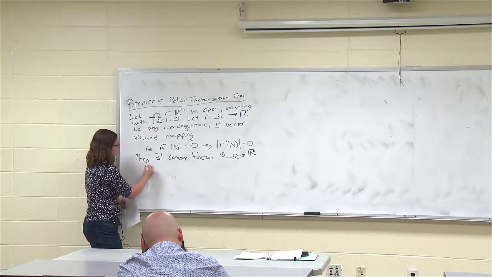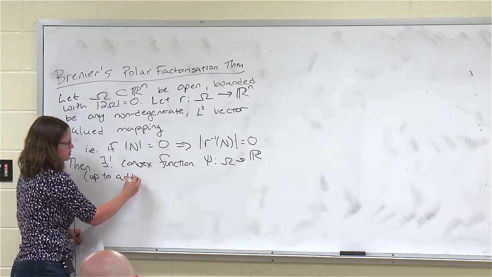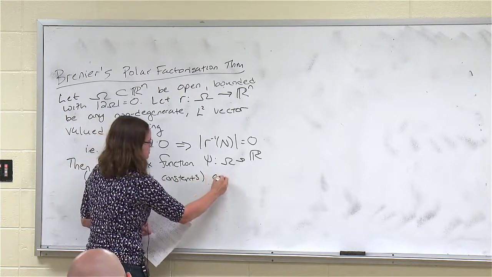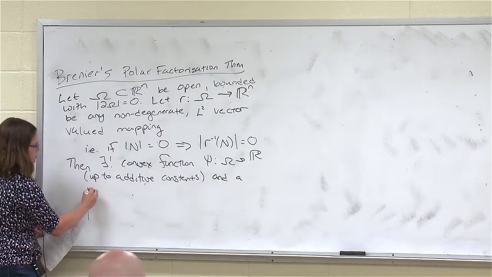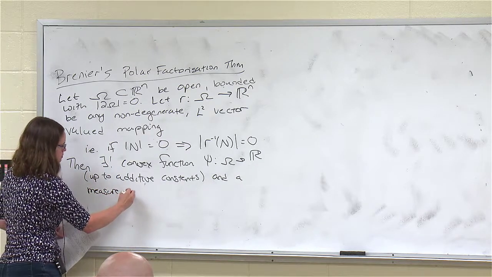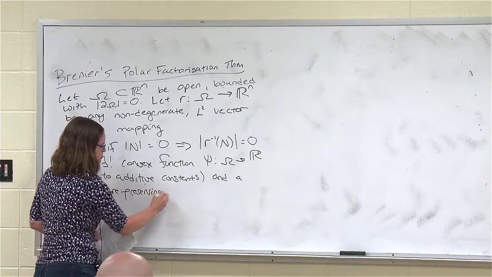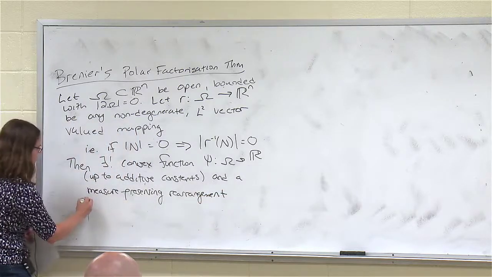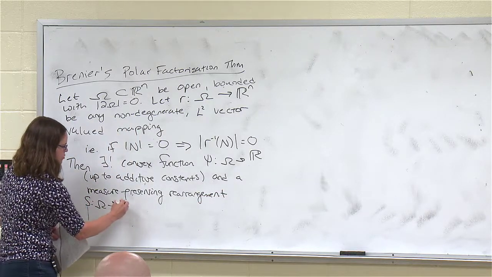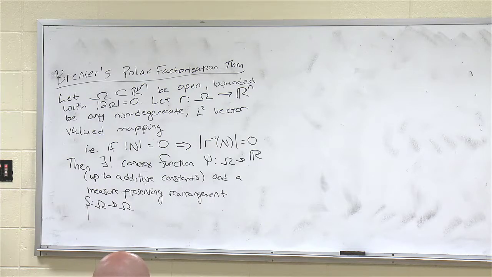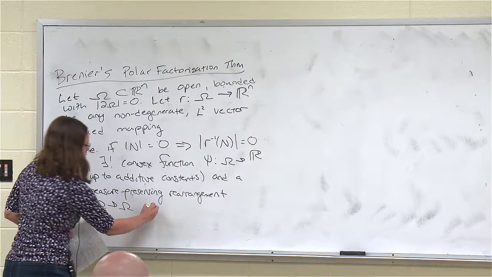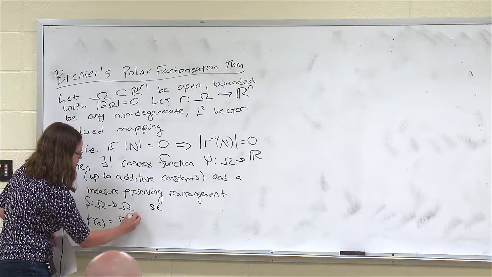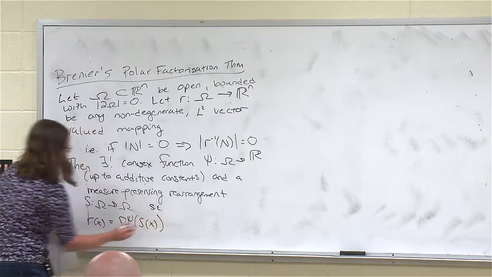Okay, and there's a measure-preserving rearrangement S. So S takes omega back into omega, just rearranges everything, such that we can write R of x is the gradient of C composed with S of x.